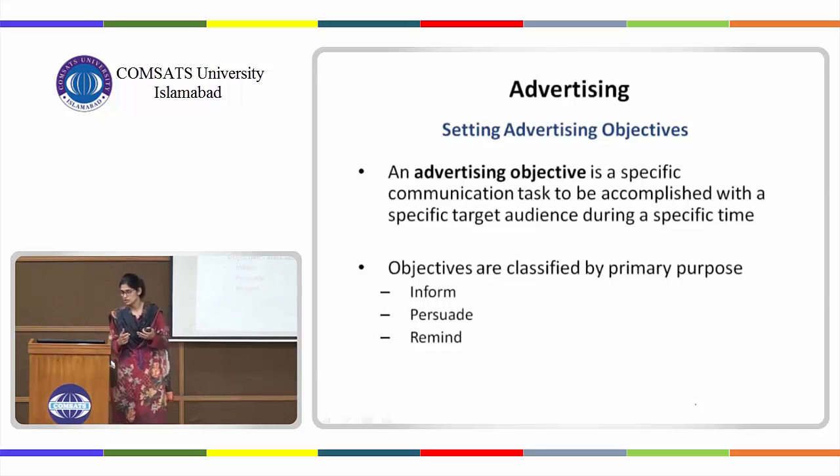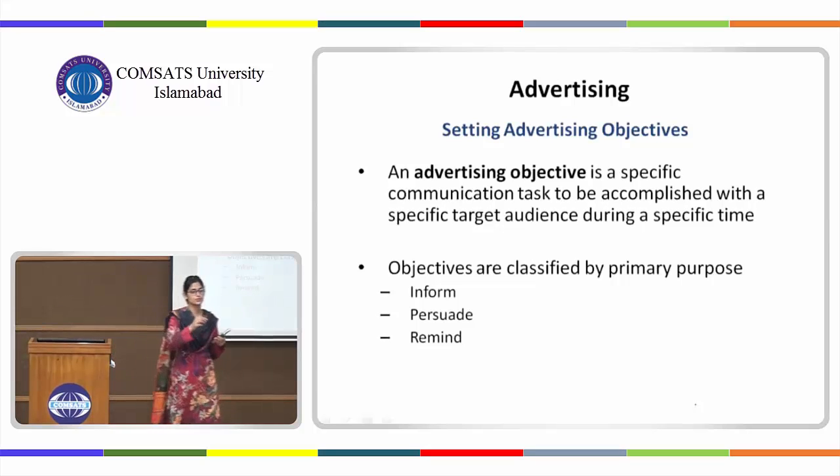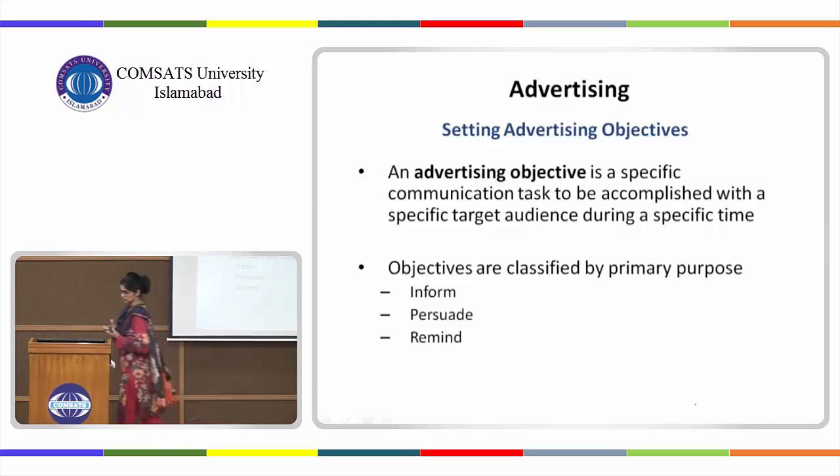It is a specific task that you want to accomplish, which is related to a specific target audience, and it needs to be accomplished within a specific time frame. So what communication objective you're trying to attain from your communication is your advertising objective, right?